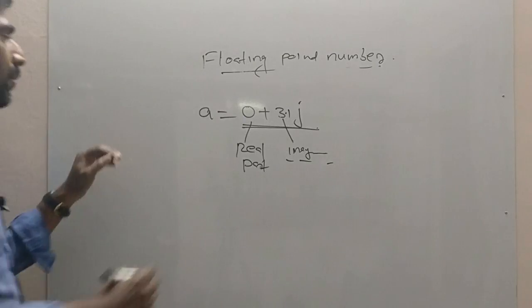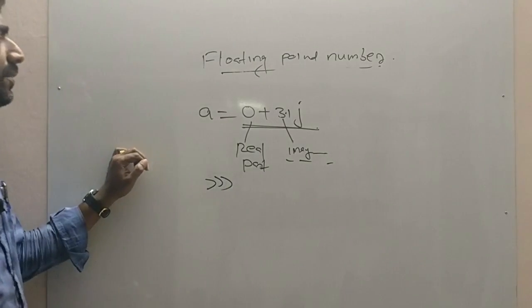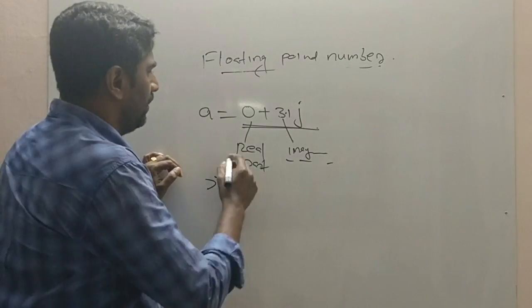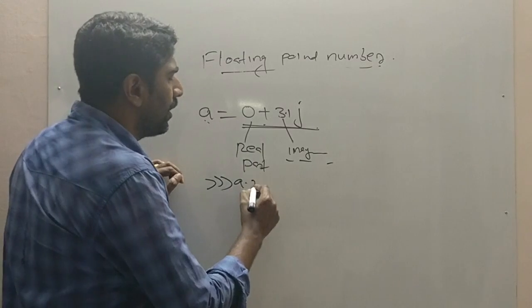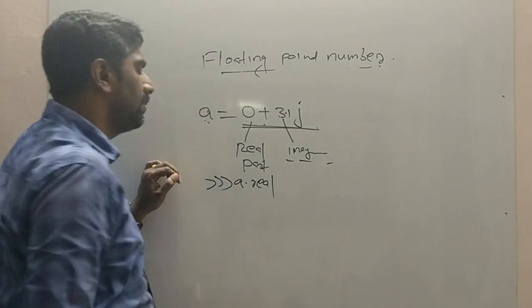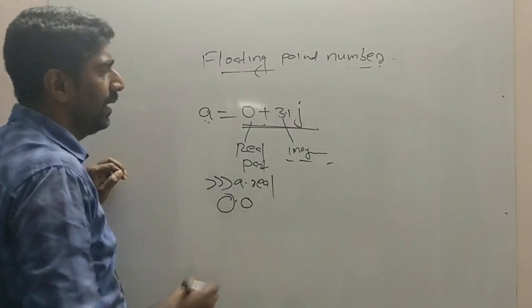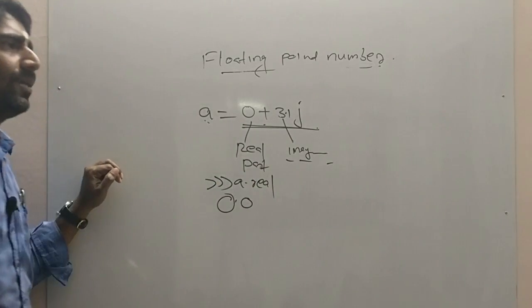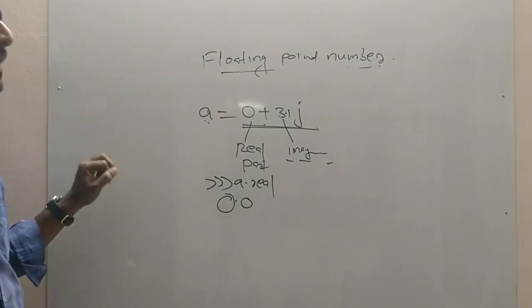Example: suppose this is our complex number. If I want the real part, which one is the complex number? A is the complex number. So a dot real, then we will get the real part, 0.0. It's not 0 because a complex number returns only floating point values.